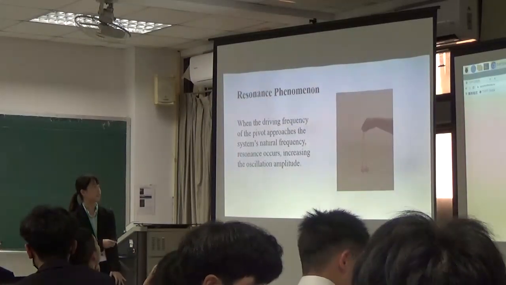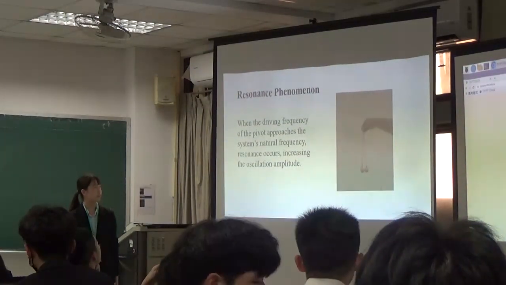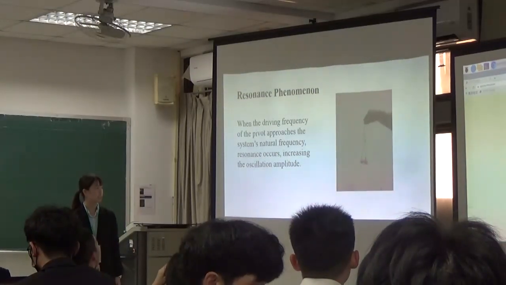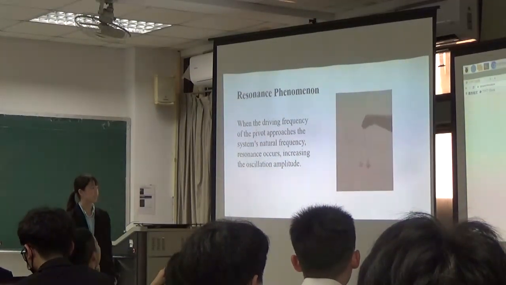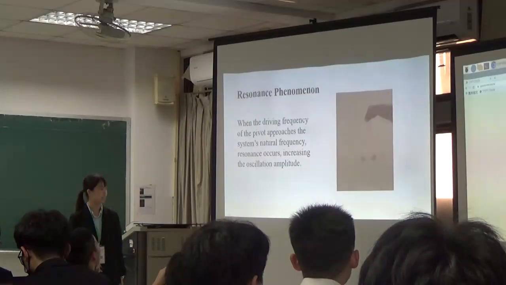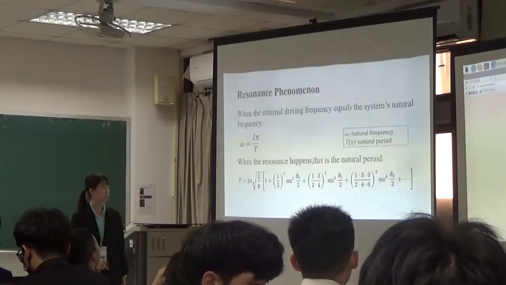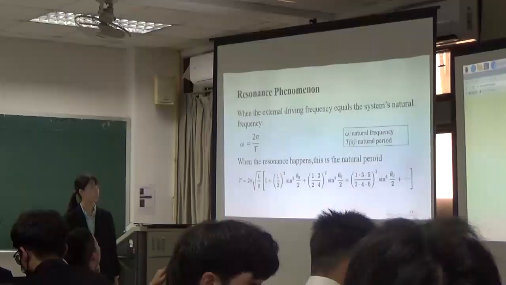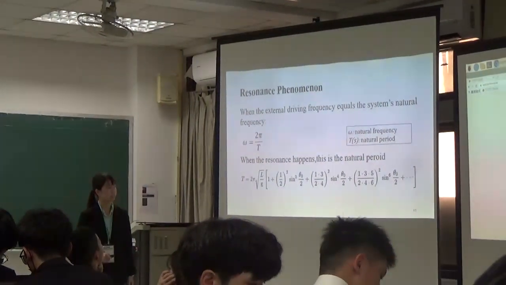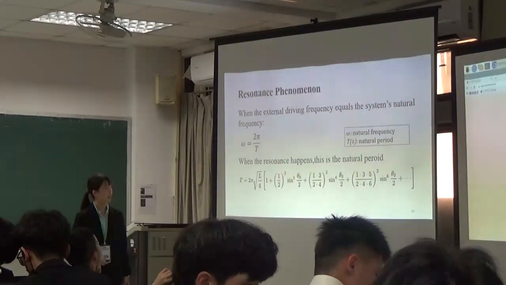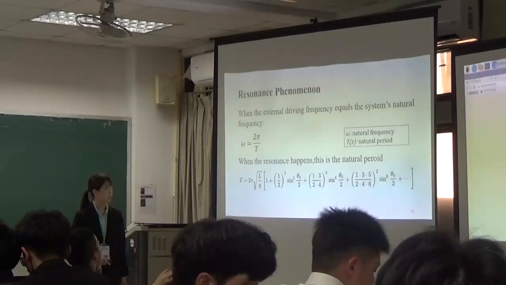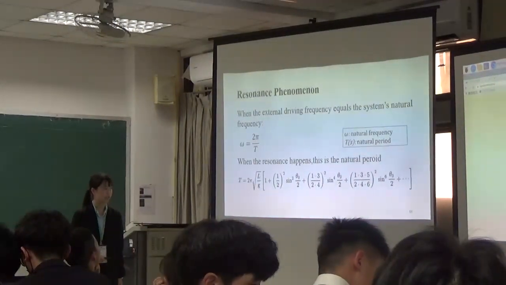And next is the resonance phenomena. When the driving frequency of the pivot approaches the system's natural frequency, resonance occurs, increasing the oscillation amplitude. When the external driving frequency equals the system's natural frequency, the natural frequency is 2 pi divided by the natural period.